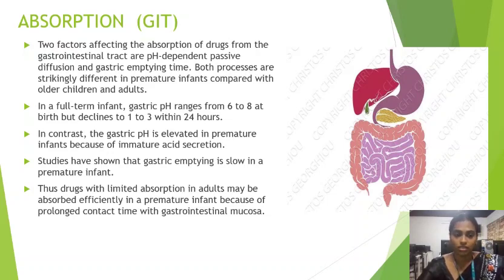Then we discussed the full-term infant gastric pH and the change within 20 to 24 hours. After that, drugs with limited absorption in adults may have strikingly fast absorption, or greater absorptive efficiency, in premature infants. That's what we have discussed. Next, we can go to the next slide.